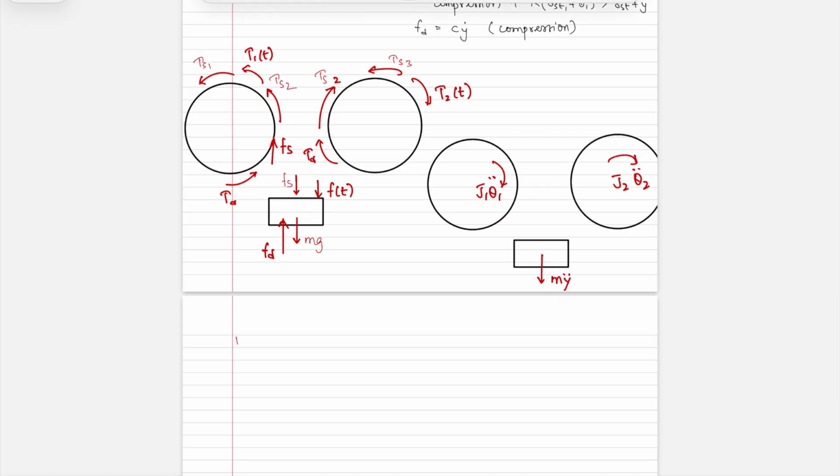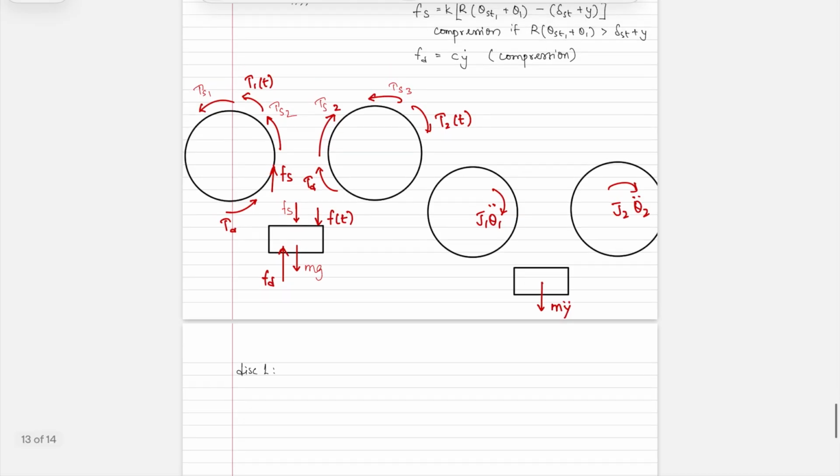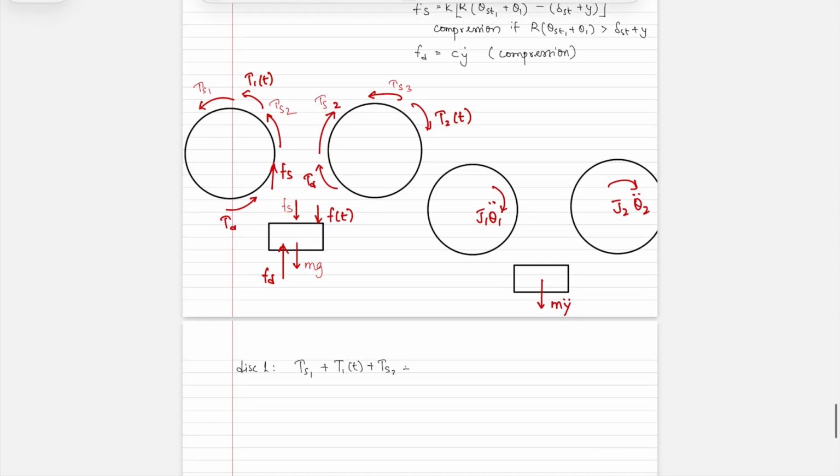So for disk 1, I'm going to write tau S1 plus tau 1 of t plus tau S2, and we have plus R Fs plus tau d is equal to minus J1 theta 1 double dot.